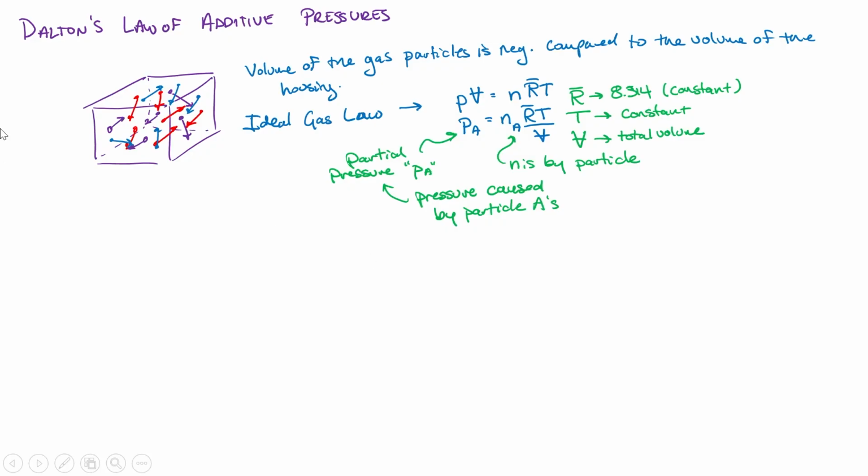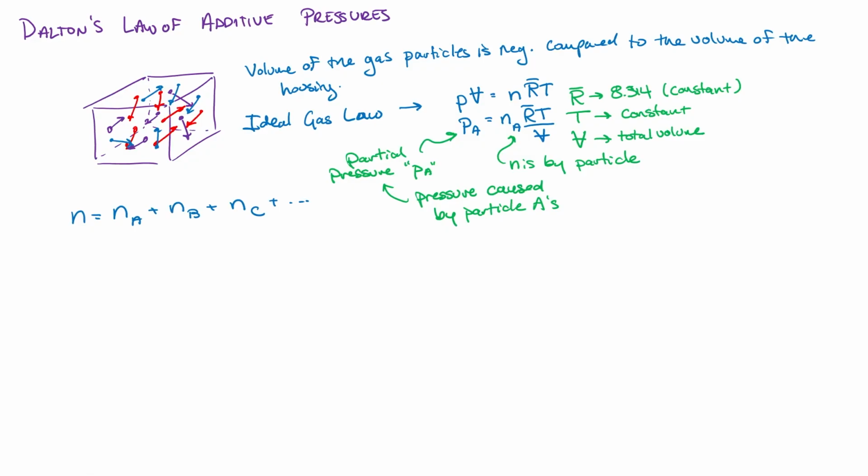And since I can go ahead and say that in the given system there are a total of n moles of particles, that total n is going to be equal to my moles of particle A plus my moles of particle B plus my moles of particle C, so on and so forth.